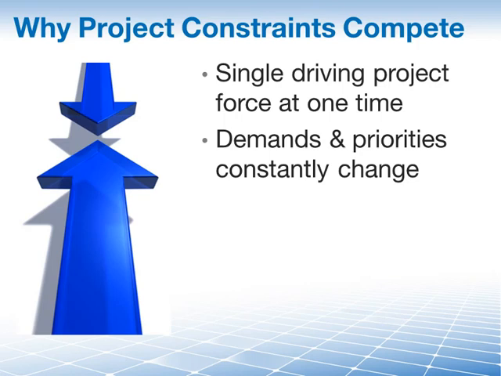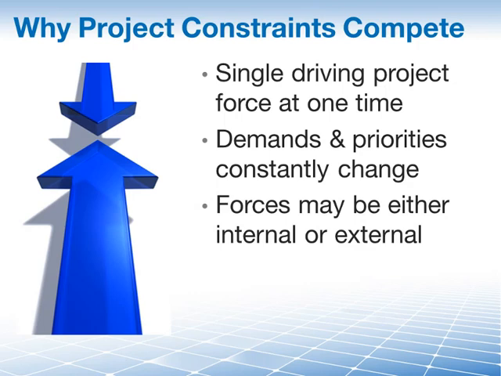Changes are inevitable on a project, and both stakeholders internal to your project, such as senior management or the customer, or forces external to the project, like legal or regulatory agencies, will constantly try to add or change something on your project to meet their current needs.